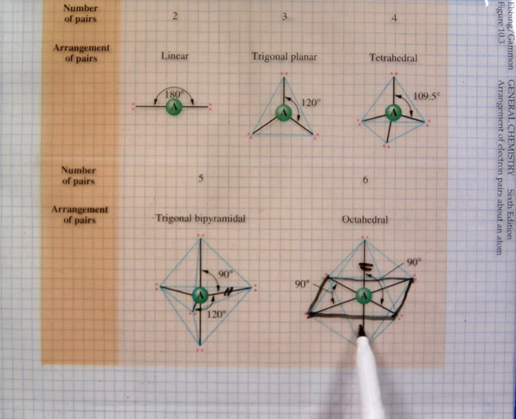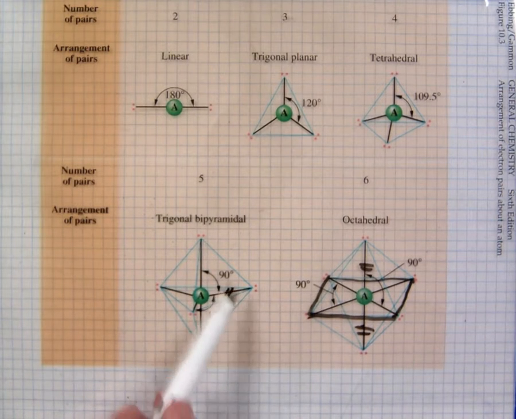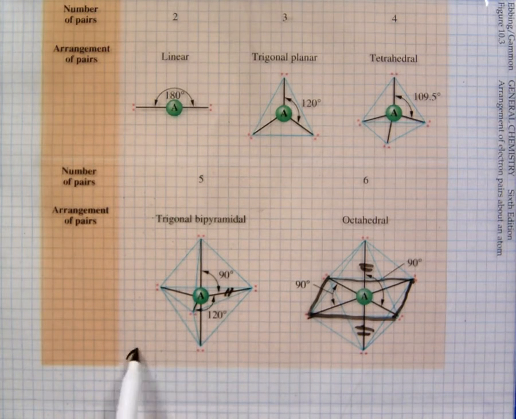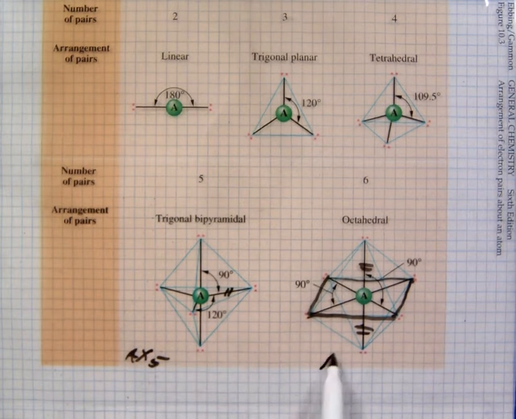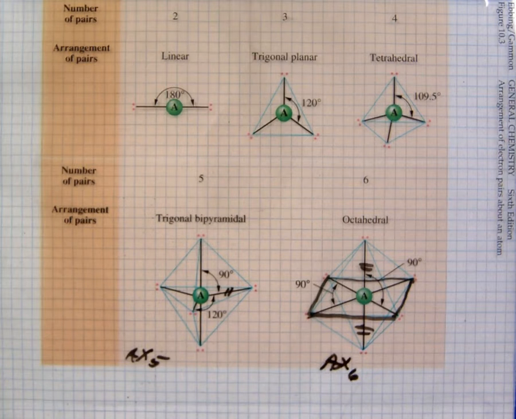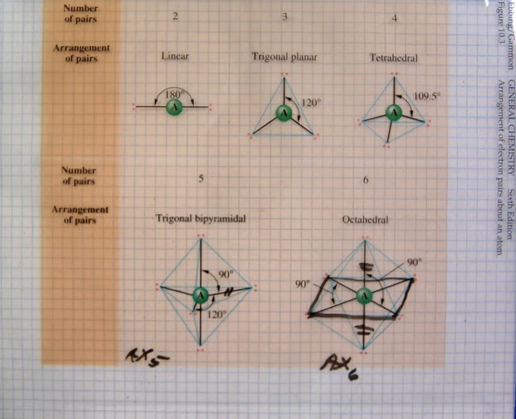Well, your electron pairs will go above and below that plane when we get to that molecule. So kind of keep in mind that if you're working with the AX5 system, free pairs go in the triangle first. If you're working with the AX6 geometry, they will go above and below, and then they would enter into the plane.